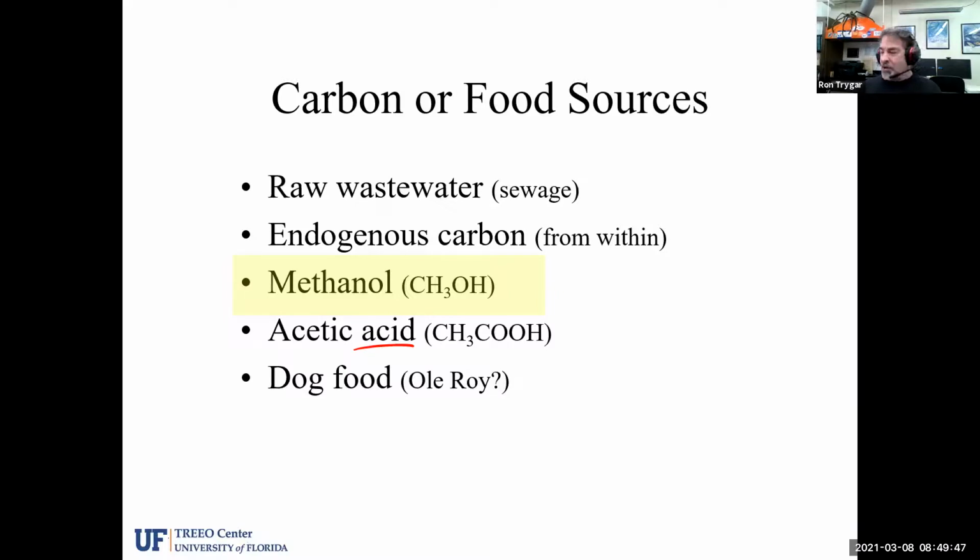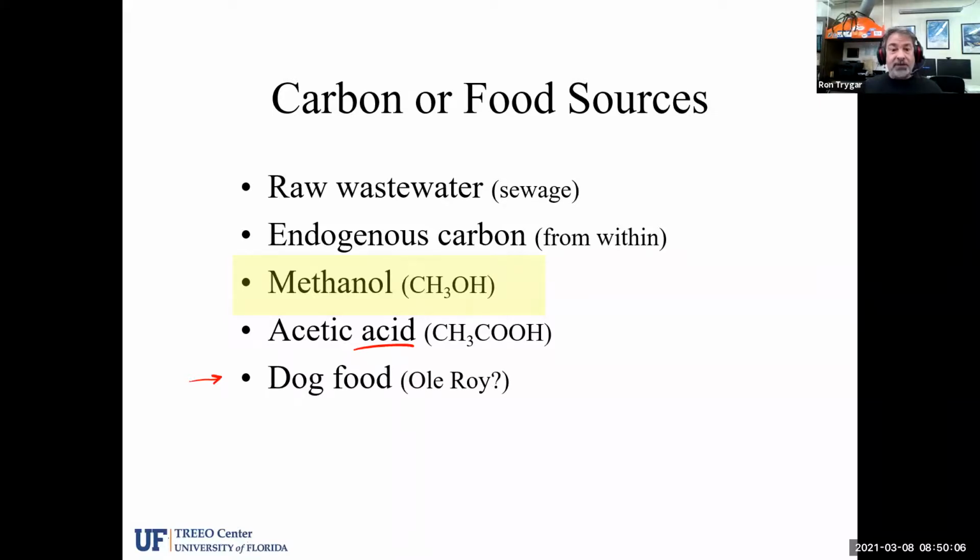That seems crazy. Well, in this case, dog food has been used by many operators of small wastewater treatment plants as a supplemental carbon source when there are not residents present to feed the wastewater treatment plant with enough carbon or carbohydrates.